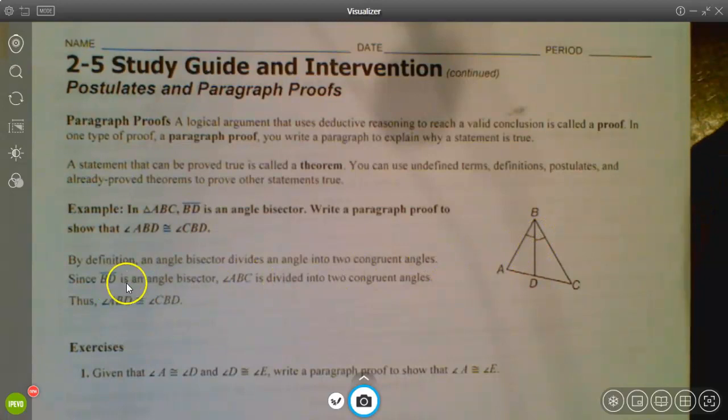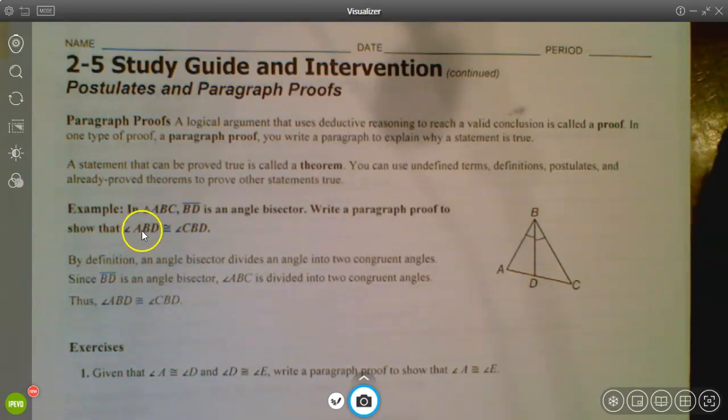So since BD is an angle bisector, ABC, the whole angle, was divided into two congruent angles. Therefore, and we always end with this idea, therefore, angle ABD is congruent to angle CBD.